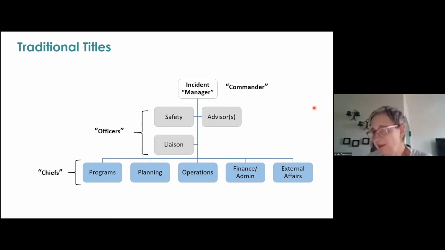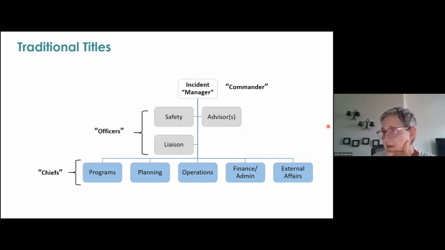I would argue, though, that incident manager is more apt for what social services and human services organizations are doing. That's what we call it in the team, your incident management system, and you have your incident manager. This layer usually has the safety officer and the liaison officer, and this layer are your chiefs: your program chief, planning chief, operations chief, and so on.